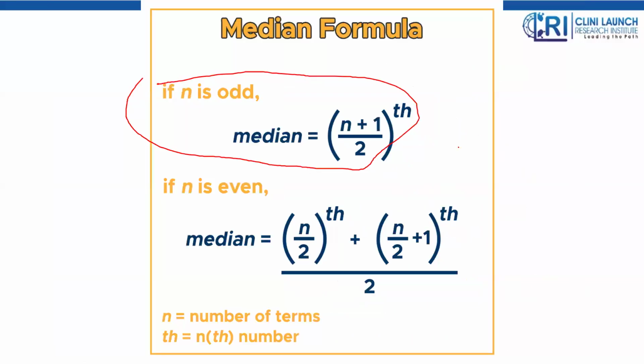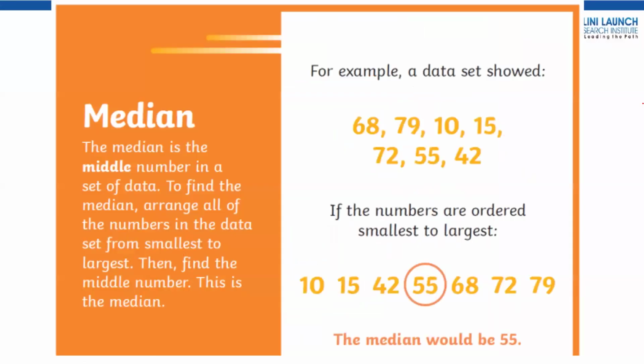Let us take this particular example again. What is the sample size over here? Sample size n is equal to 7, right? Yes, it is 7. Now you have to arrange in ascending order and then write your position numbers.